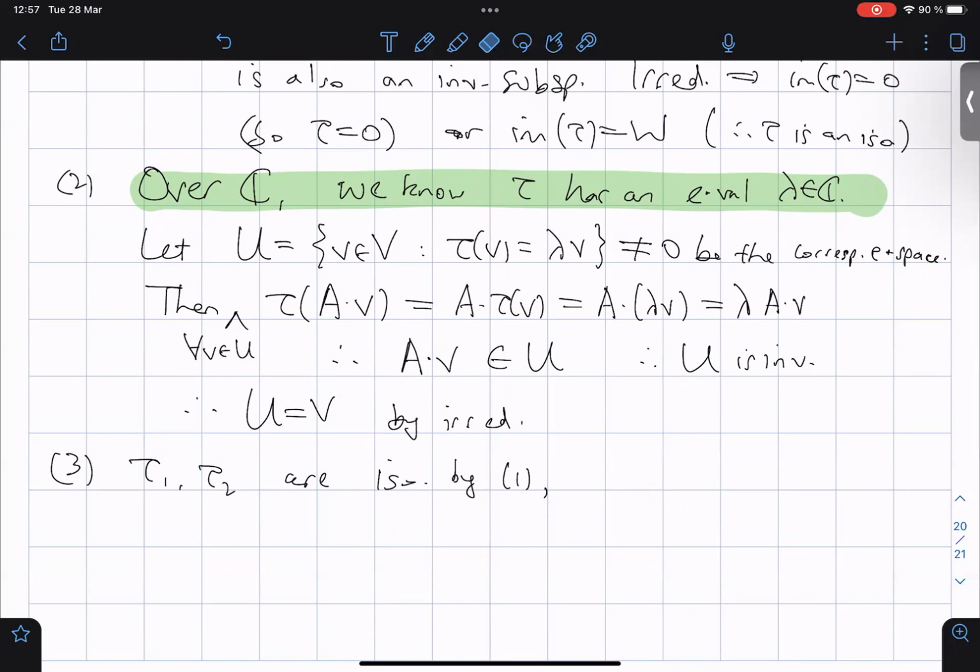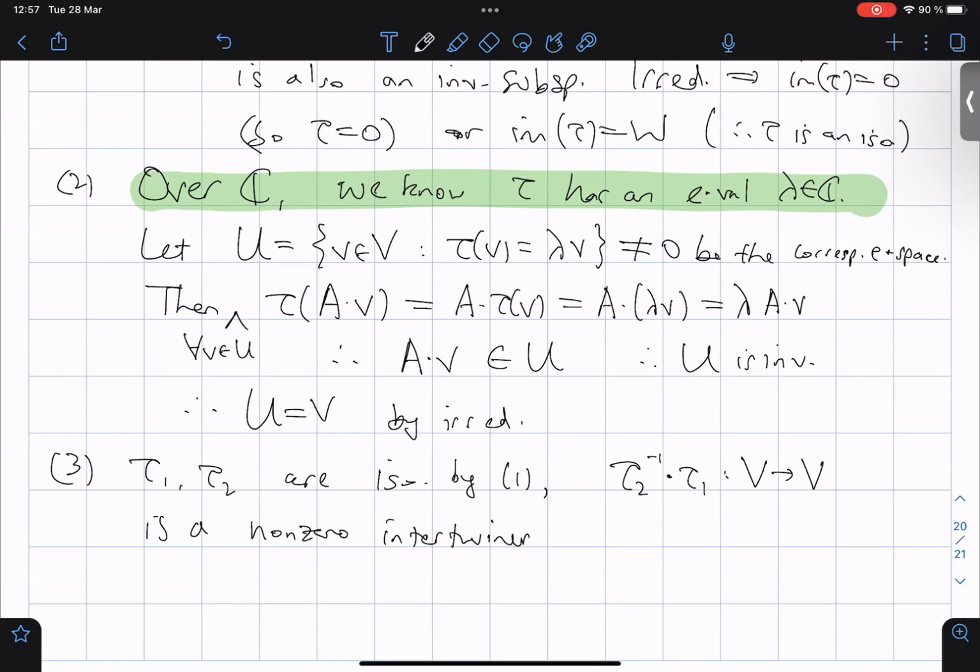So this map from V to V is a non-zero intertwiner.